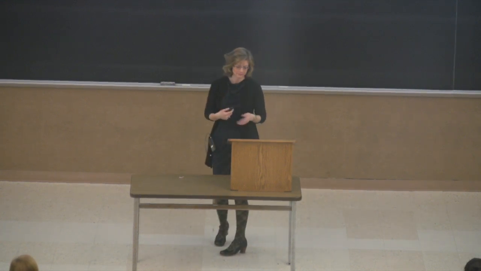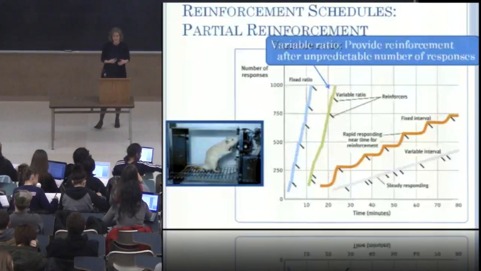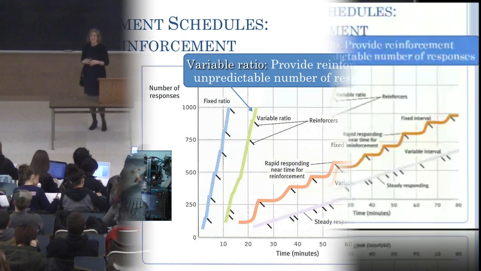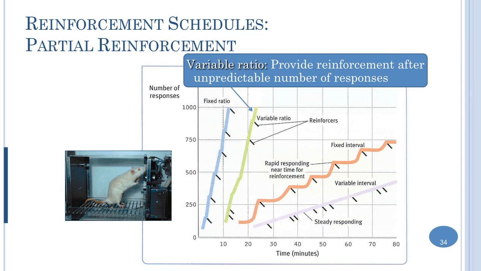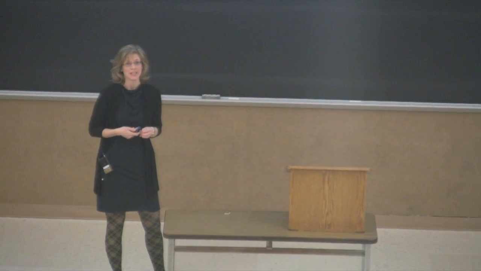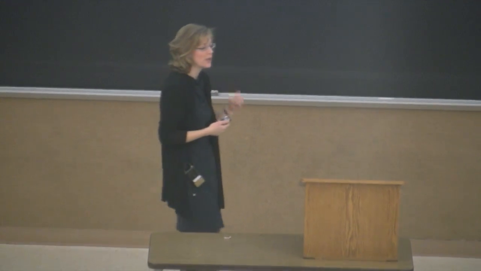It varies. You don't know when you're going to win, but you always think you have a chance. That's what gets you. You always think you have a chance, even though really you should know the house is always going to win. So variable ratio reinforcement schedules are particularly good for keeping human beings persisting in a certain type of behavior. Because again, you always are thinking you have a shot on the next chance.